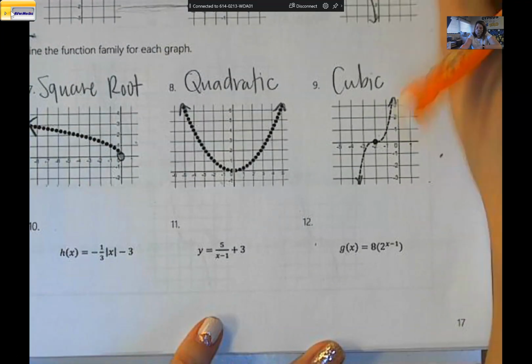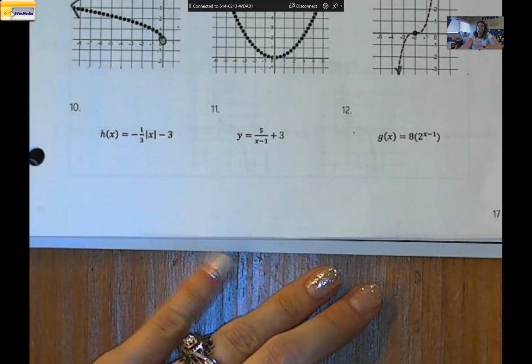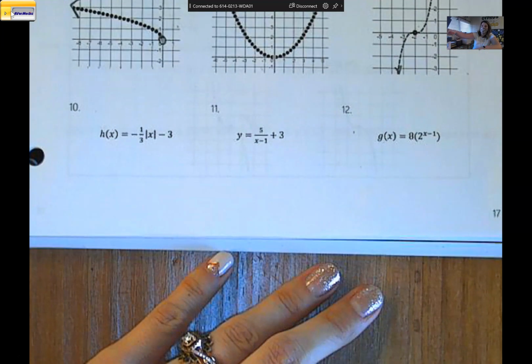Okay, so for 10, 11, and 12, you're just looking at the symbols. Identify the symbols that are in the function and decide based off of that. I'm going to write in my answers and then I'm going to do one walkthrough just to verify that you tried these. Okay, so I'll come and walk through once.